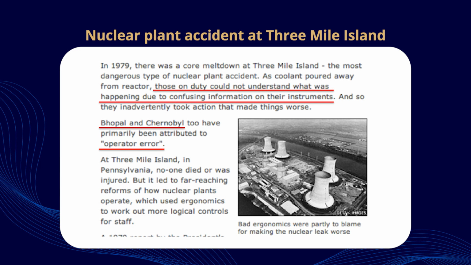As coolant poured away from the reactor, those on duty could not understand what was happening due to confusing information on their instruments. And so they inadvertently took action that made things worse. Bhopal and Chernobyl too have primarily been attributed to operator error.